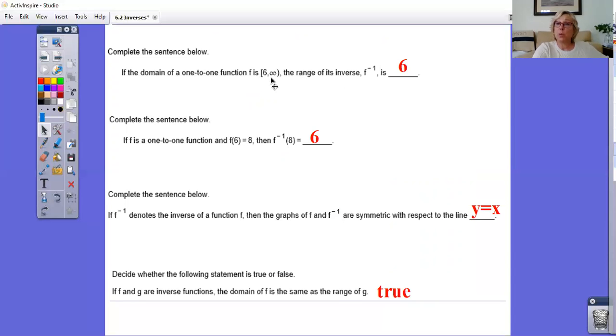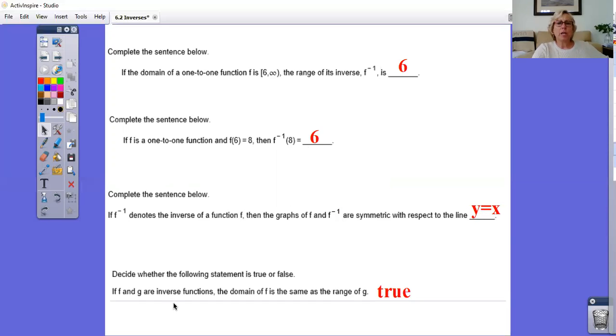Remember, this would switch. The x becomes the y becomes the x. If a one-to-one function has f(6) = 8, then the inverse would have f⁻¹(8) = 6. The function and its inverse are symmetric with respect to the y = x line.